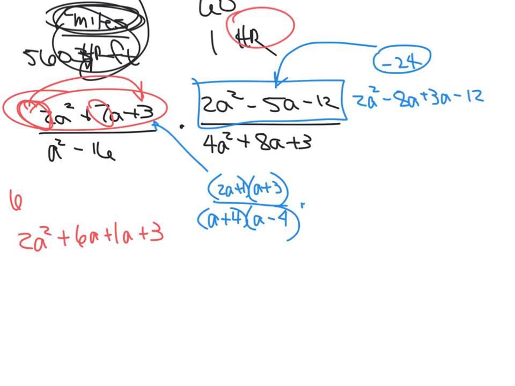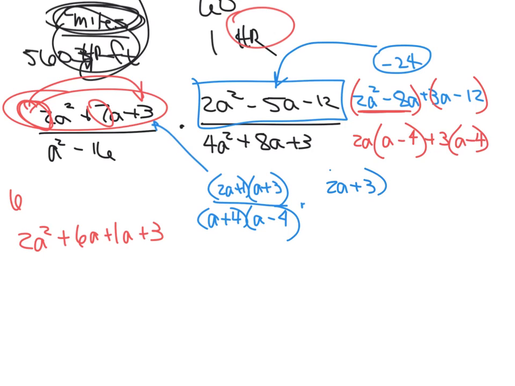Alright, now I group. So I'll put my little grouping symbols here. So I'll factor this to 2a, a minus 4. Take a 3 out. So I have 2a plus 3 and an a minus 4 over. Okay, so that's what I just did, is simplified this one.